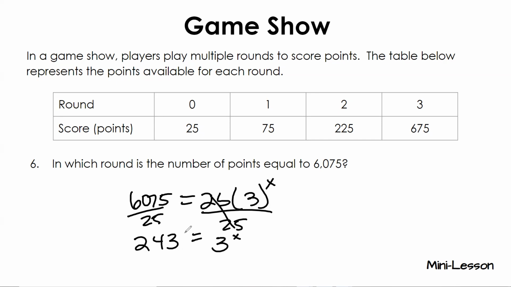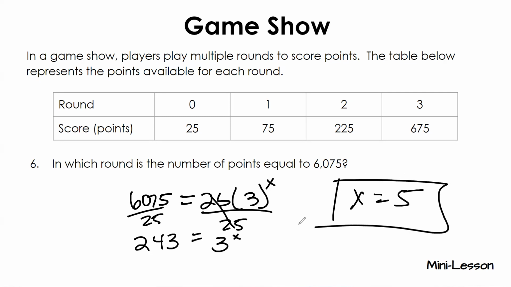And 3 to what power would give me 243? Okay, so at the 5th round, we're going to have 6,075 points.